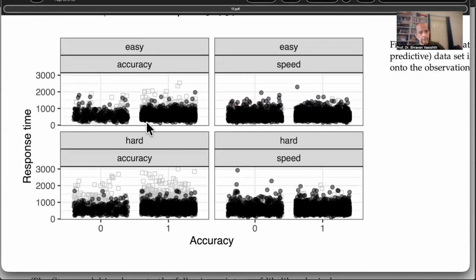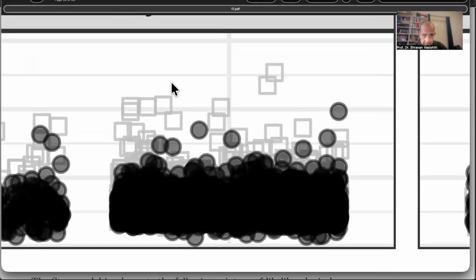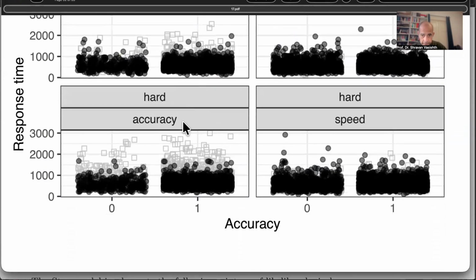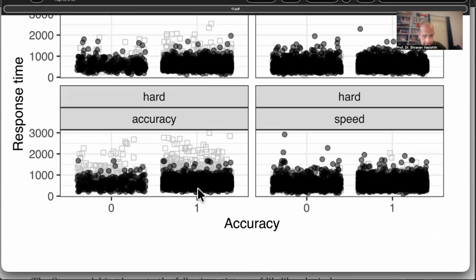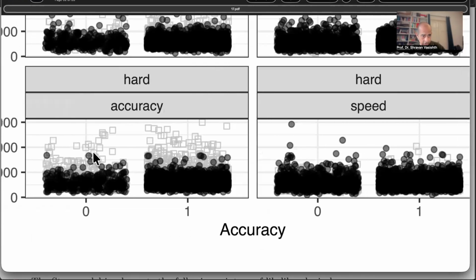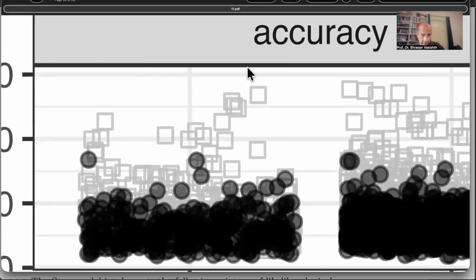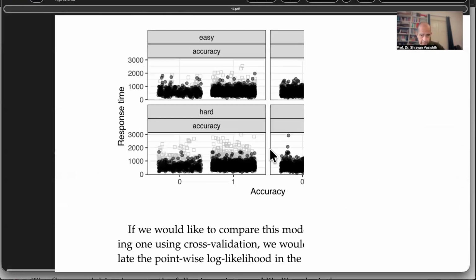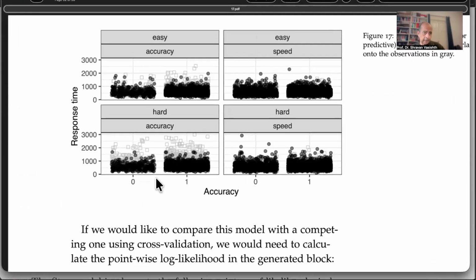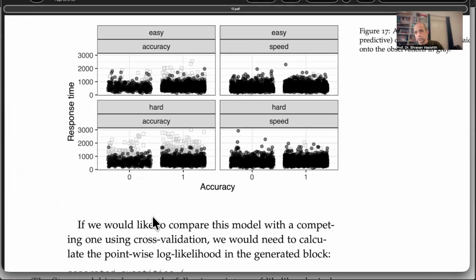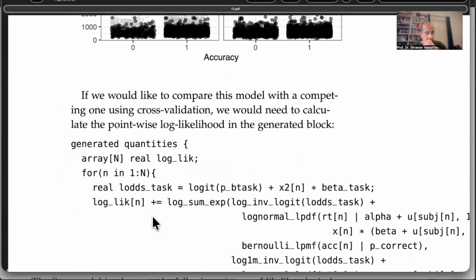The black is the posterior predictive, and the light colors are the actually observed data. You see that there is some underestimate. The data being produced in the posterior predictive is a bit shorter than what's actually observed in the data set. So there are some shortcomings in this model. Right here also there's misestimation, but it's not the end of the world, I would say.